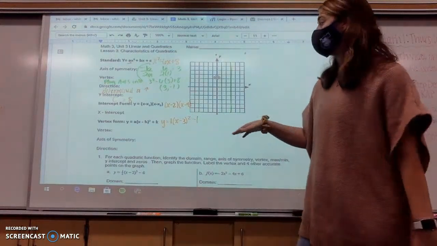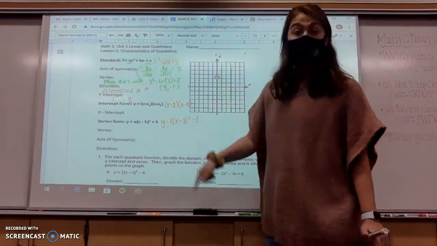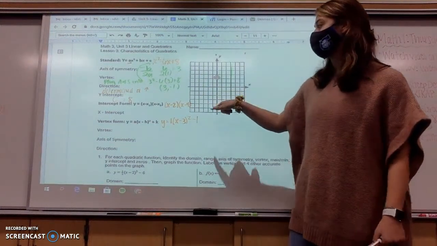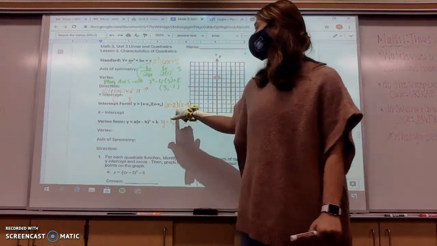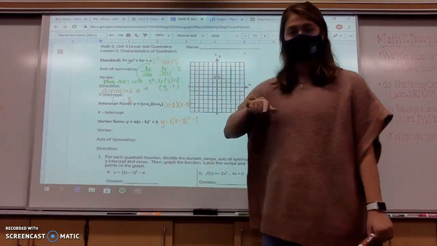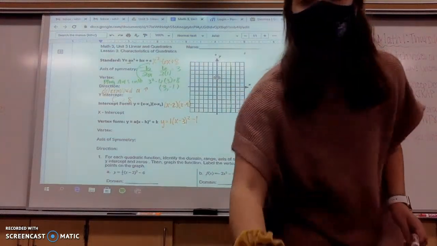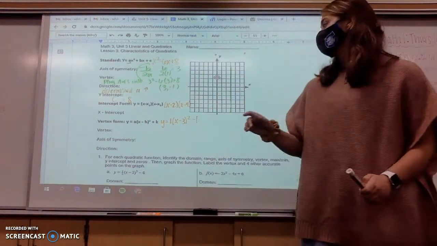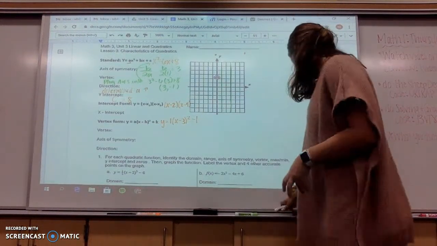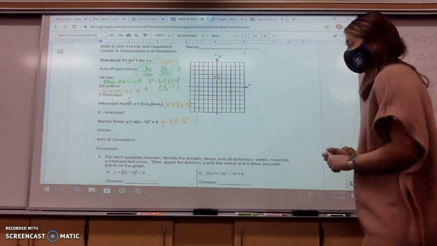Another form that we can use is called intercept form. This talks about where it crosses my x-axis, the x-intercept. I'm going to tell you that this is the exact same thing as this. To find my x-intercepts, what we need to do is solve for these.